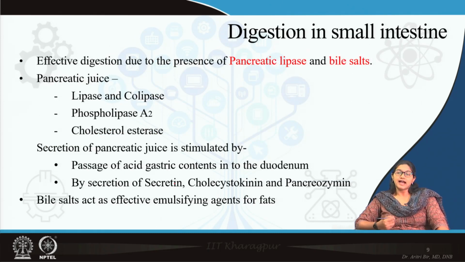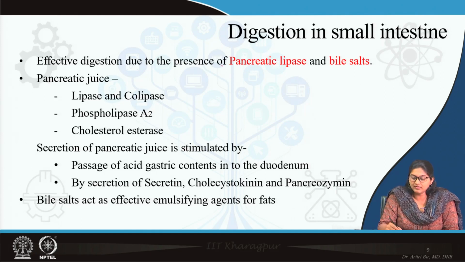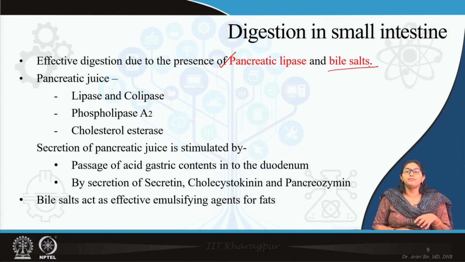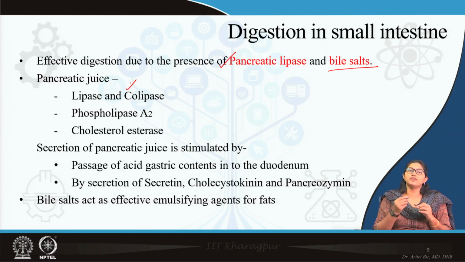Next is digestion in the small intestine. Now, in the small intestine, the digestive enzyme is pancreatic lipase, the most important one. Along with that, bile salt is another biomolecule which is important in helping the digestion of lipid. Now, in pancreatic juice, apart from pancreatic lipase, there are other enzymes as well, like co-lipase, which acts in conjunction with the lipase.